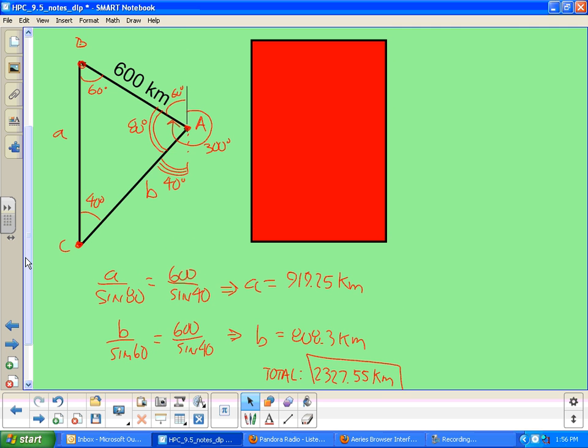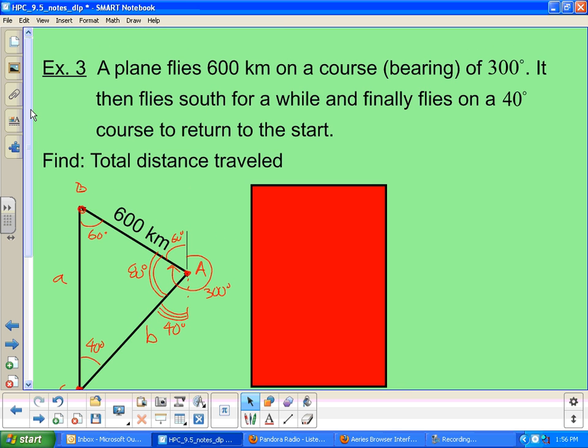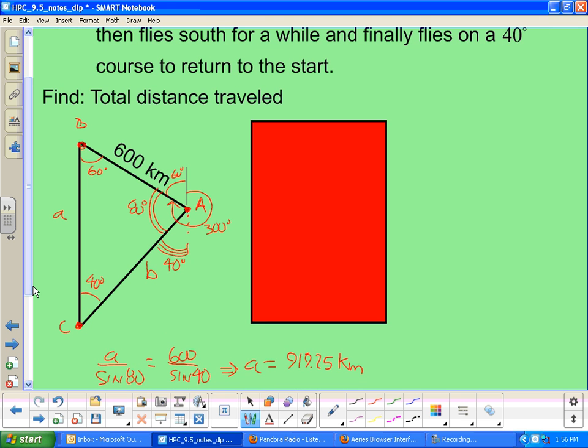Alright, so you see once we just get our triangles built, it's a matter of figuring out which law to use and then we're good to go. Does this seem too terribly difficult? No. Julius? I think 40 degrees. How do you get to 40 degrees? It told me that my return course is 40 degrees from where I started. So if I start at A, I go 300 degrees, I get to a new point.